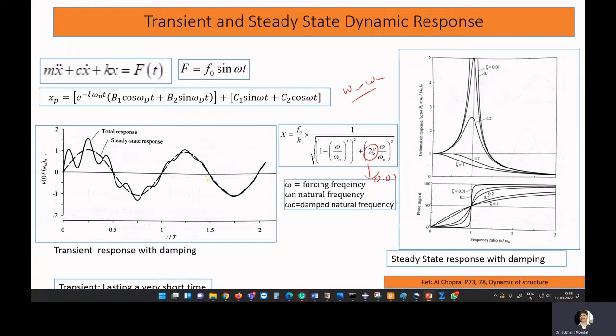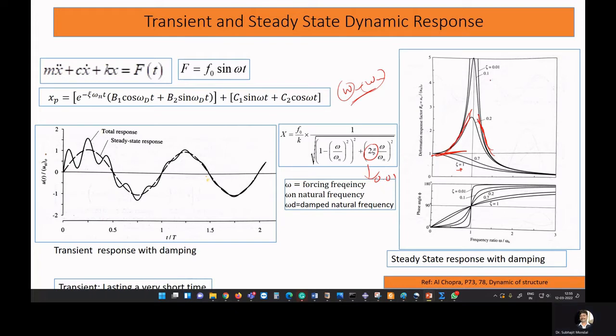Resonance means we have a large amount of vibration when your forcing frequency is very close to your natural frequency. Here you can see that when our forcing frequency comes close to our natural frequency, we get a large amount of displacement. Initially we have displacement like this, now we have a large amount of displacement.